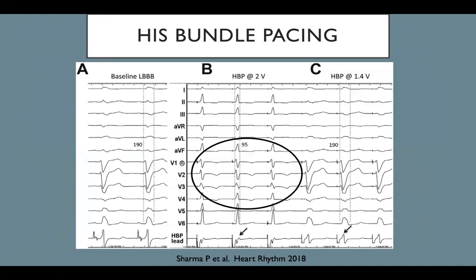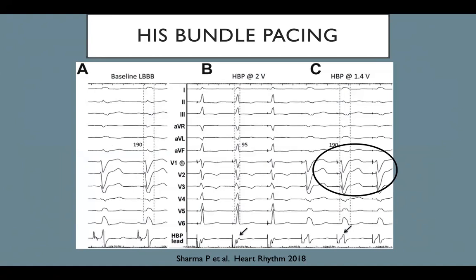And then on the right, if you drop the pacing energy down from 2 volts, you lose capture of the actual His, and you still get capture, but that's not going to be very effective. It's more through the myocardium, so it's still very wide and hence not very useful in terms of resynchronization pacing.